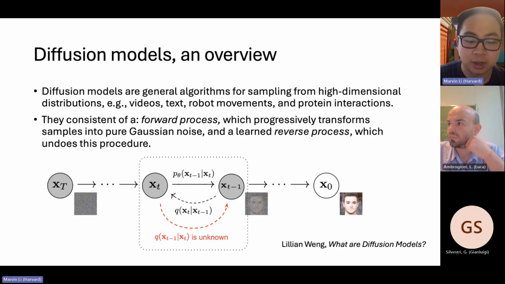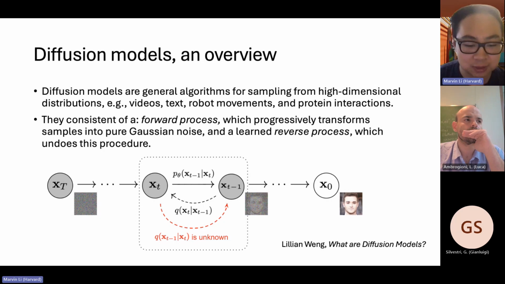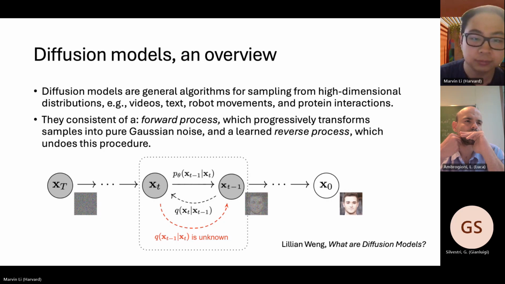Basically we know q of xt given xt minus 1. We know how to noise it, and to find the reverse process, going from a noisy image to a denoised image, q of xt minus 1 conditioning on xt, that is unknown. So we parameterize it with some theta, p of theta, and this is what we learn in a diffusion model.